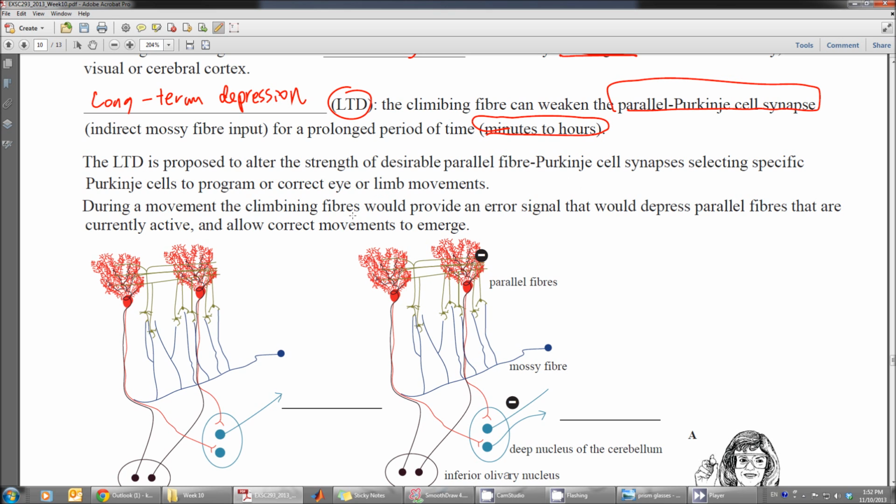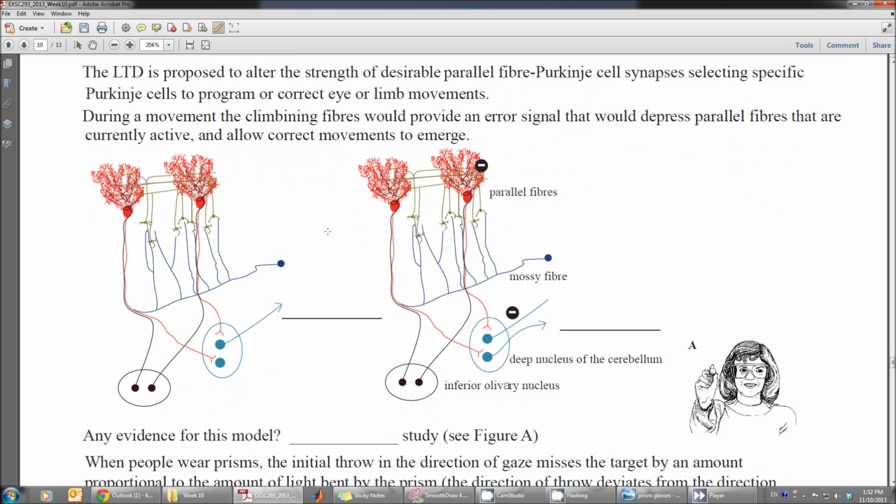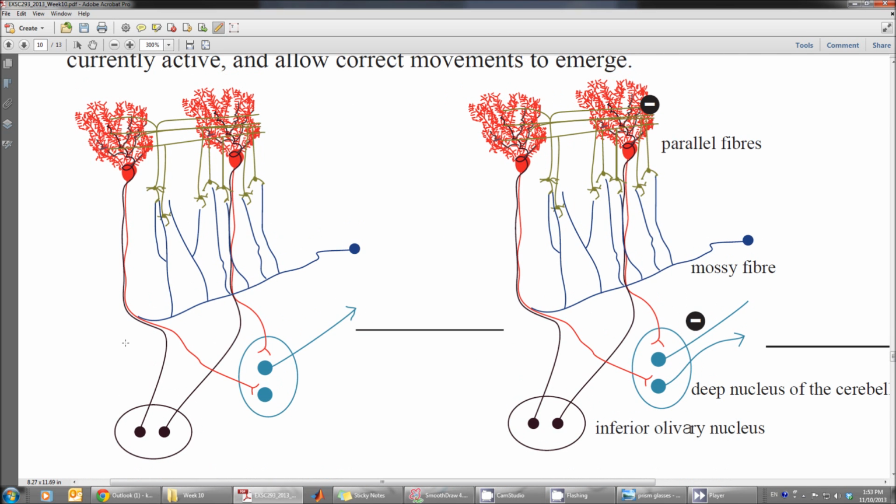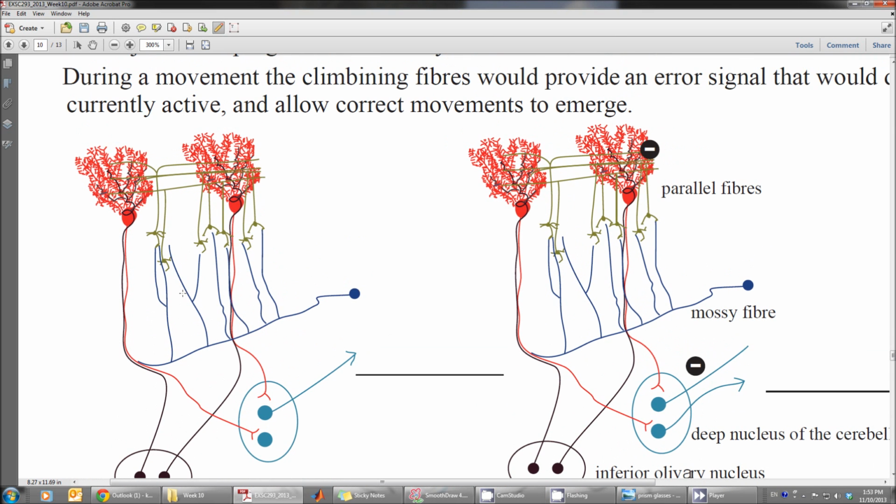So this diagram is showing how the climbing fibers and mossy fibers and related circuits are related in long-term depression. One thing to note is that we have these two different microcomplexes shown in this diagram. A microcomplex is a group of related neurons, and it's independent of other microcomplexes.